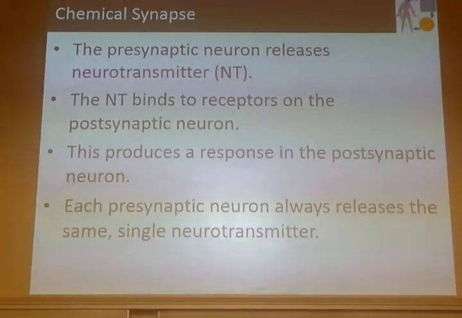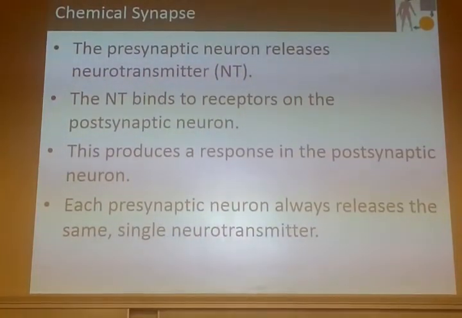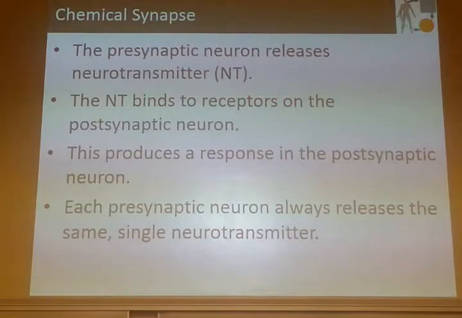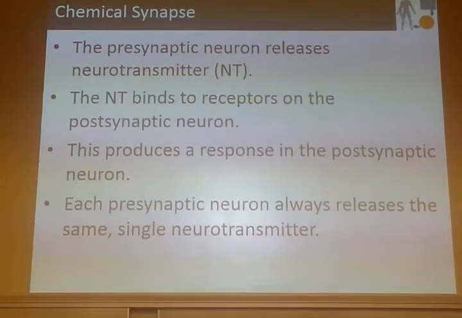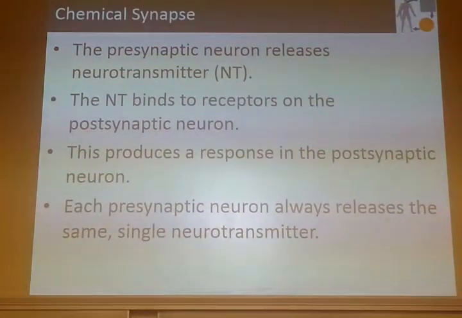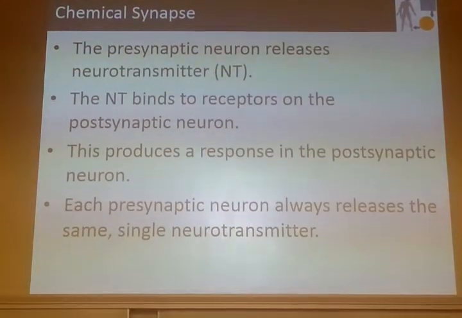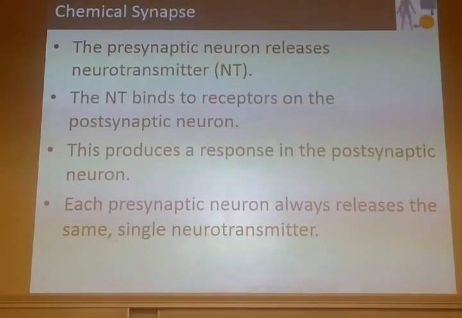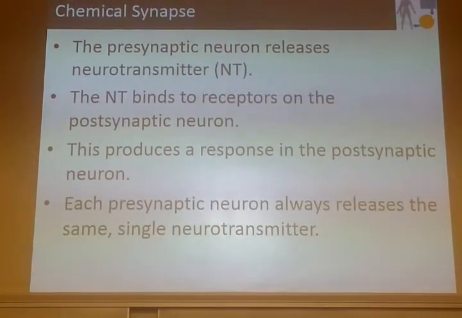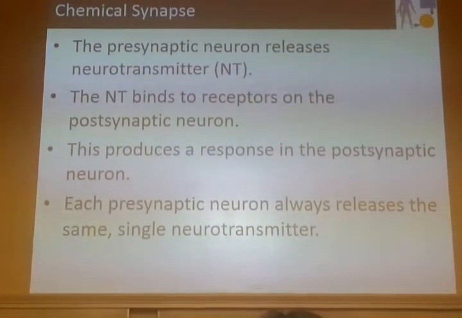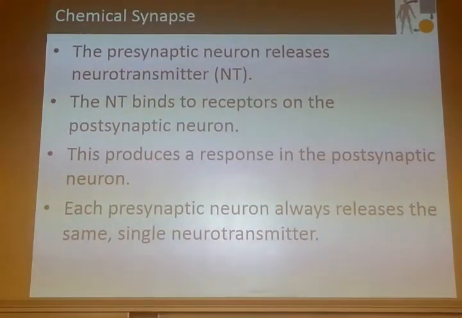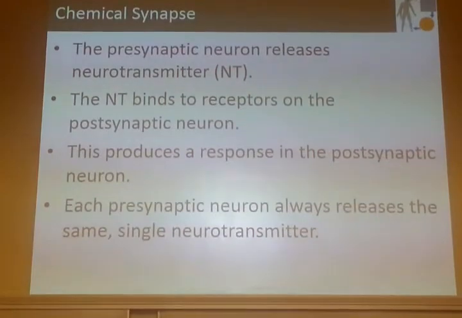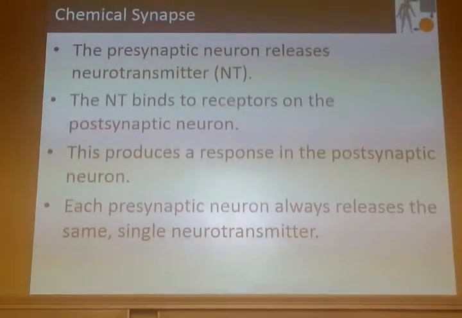The neurons can release the same neurotransmitter, and it binds to two different cells and has opposite effects. So if it opens a sodium channel, the neurotransmitter is depolarizing, it's creating an excitatory postsynaptic potential. But if that neurotransmitter opens a channel and positive charge leaves the postsynaptic cell, it's an inhibitory postsynaptic potential.